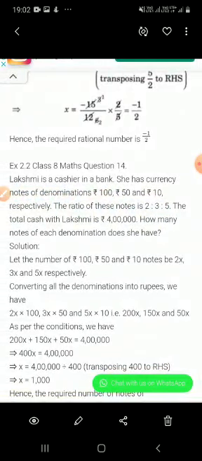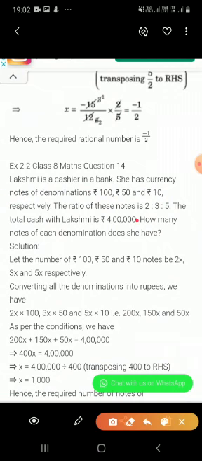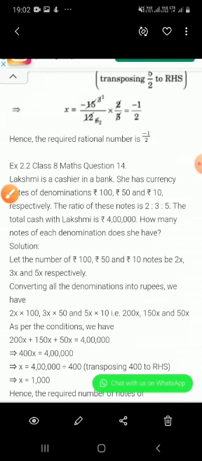Now question 14. Lakshmi is a cashier in a bank, means she is dealing with currency. She has currency notes of denominations rupees 100, rupees 50 and rupees 10. She is having 3 types of notes with her: 100 rupee notes, 50 rupee notes and 10 rupee notes. The ratio of these notes, see here it is important, is 2:3:5.